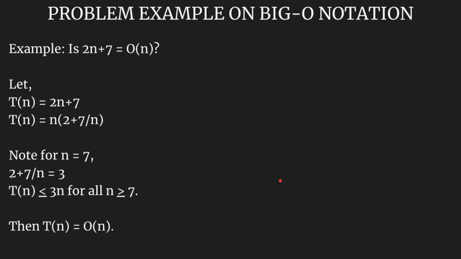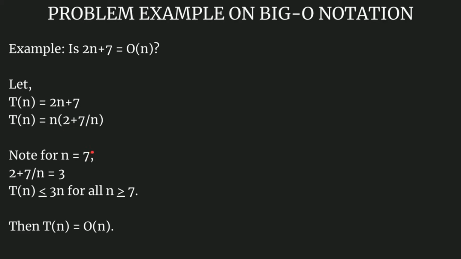We can take up an example for this big O notation. So if the question is, does 2n plus 7 have a time complexity of big O of n? So let's say that t of n is equal to 2n plus 7, which means we can write it as n into, inside the bracket, 2 plus 7 by n.